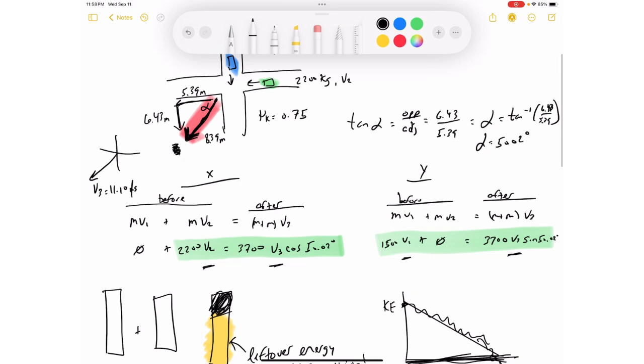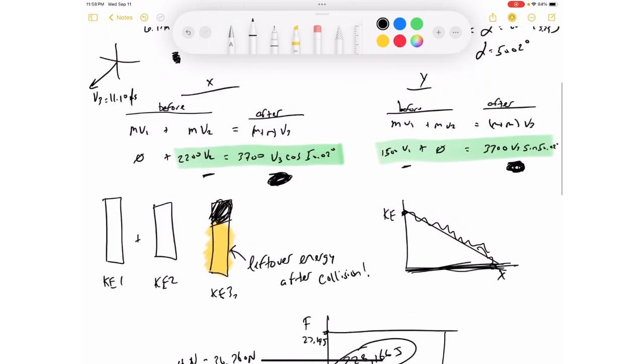But what we're going to do is get just its x component: 11.10 times cosine 50.02 gives just its x velocity. And over here, we're going to do 11.10 times the sine of 50.02 to get just its y component. So remember, 11.10 is actually the length of the vector, but we need its actual components because we need to figure out what it is in x and y. Okay, and so once you know v3, v3 is now given.